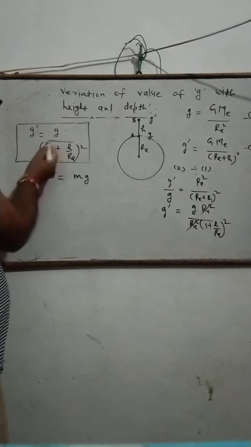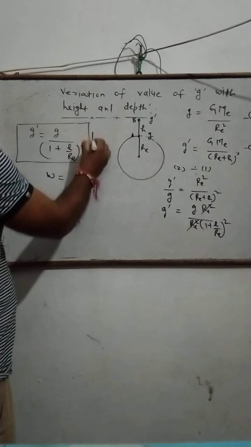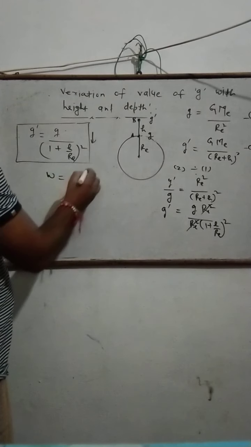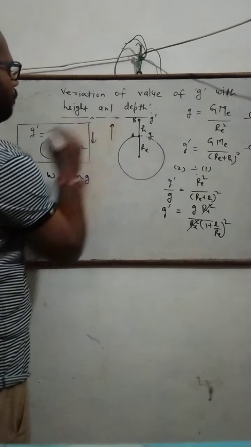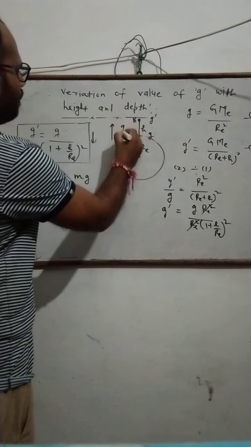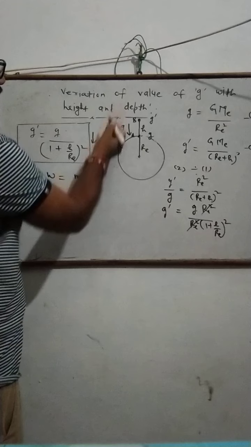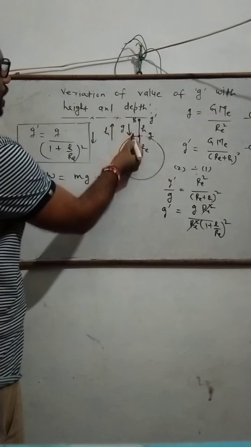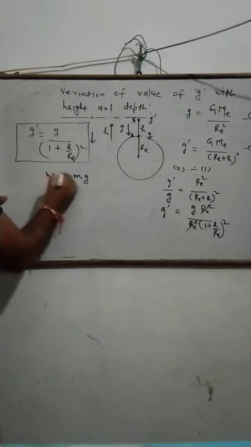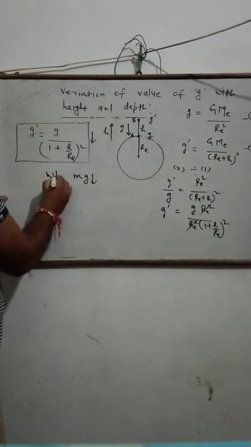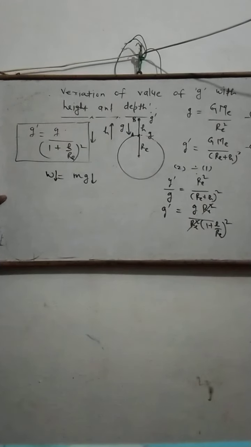So g divided by something greater than 1, g dash will be less than g. So as you move upwards, the value of g will decrease. h increases, so the value of g will decrease, and weight will also decrease. Getting my point?